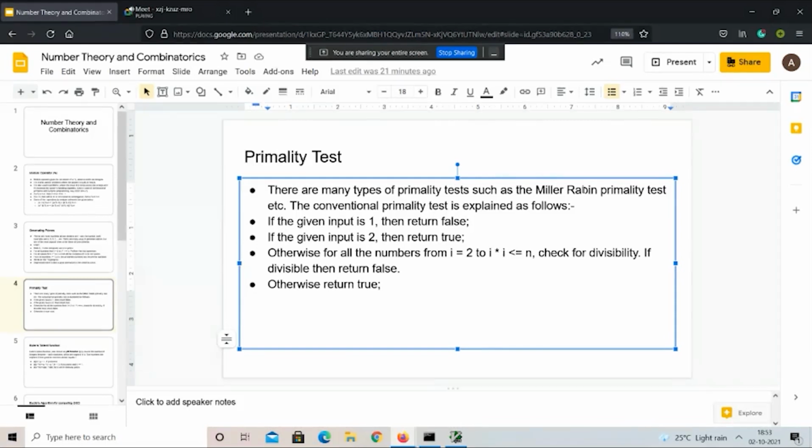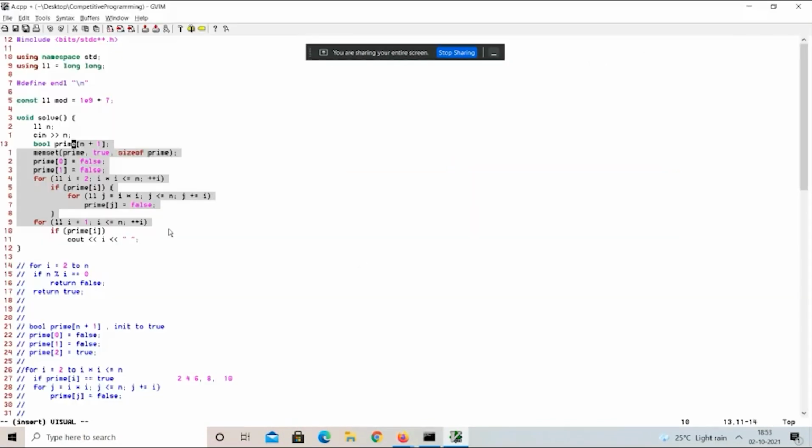Primality means you have to just check whether it's prime or not. Same logic: if the given input is 1, return false. If it is prime, then return true. Like what I mentioned over here. Pseudocode for what I have mentioned. This is the primality test.